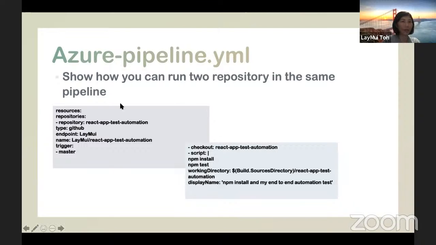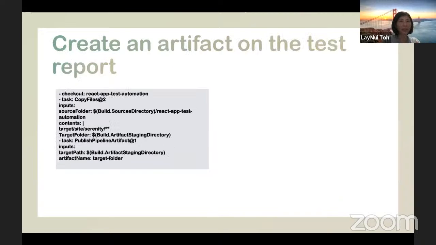So you just have to have these few lines here, the resource repository, and you refer to your end-to-end test automation repository at the beginning of the YAML file. Then at a later stage of your YAML file, you have to check out this end-to-end automation and then run the test.